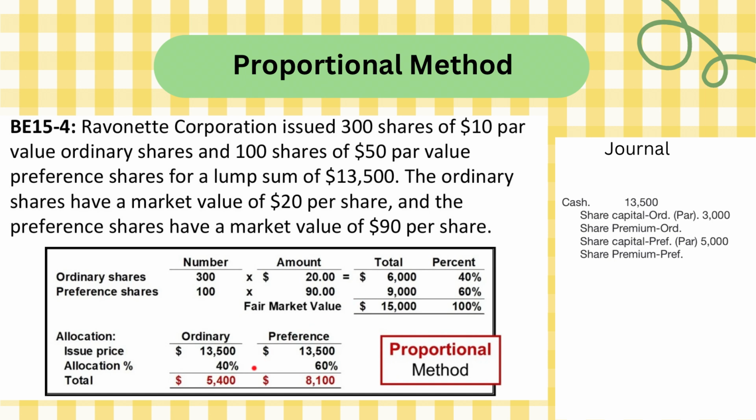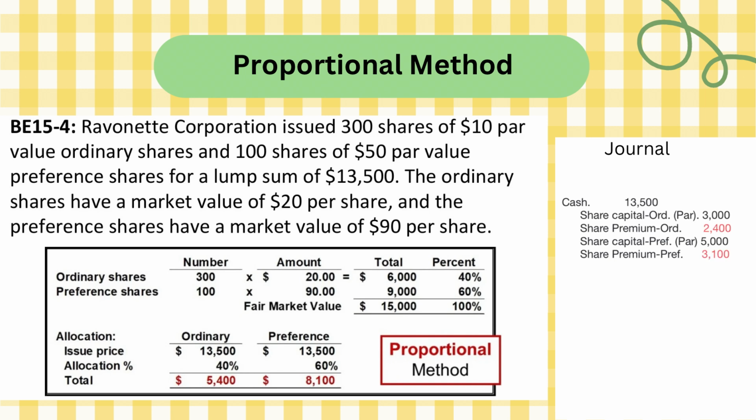Again, the amount allocated to the ordinary shares is 5,400. 3,000 is the par. So how much will be the premium? The difference. 5,400 minus 3,000 is going to be 2,400. And for the preference, the allocated amount is 8,100. Now the par is 5,000, so the difference will go to the premium, which is 3,100.